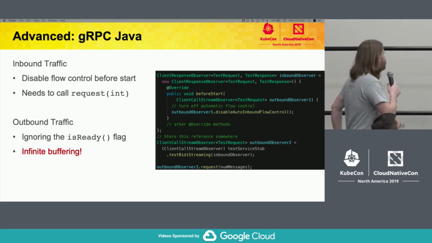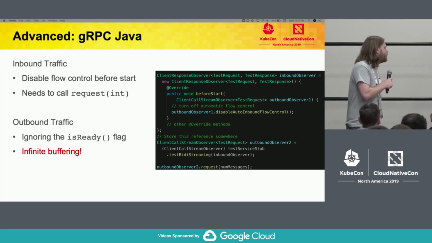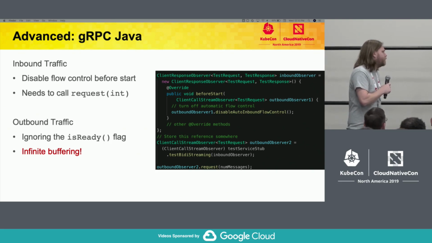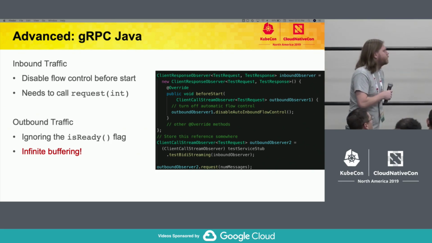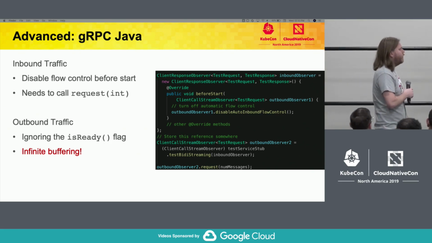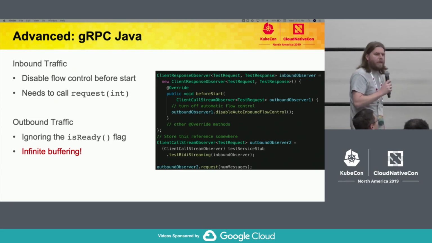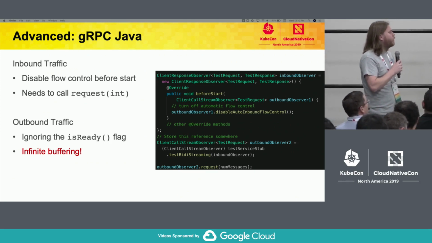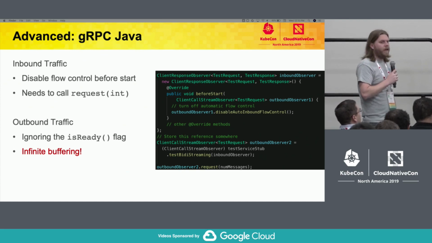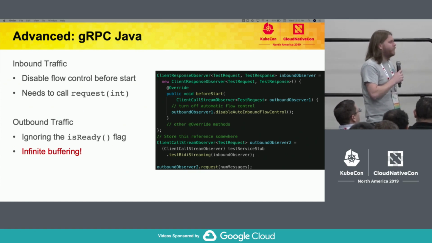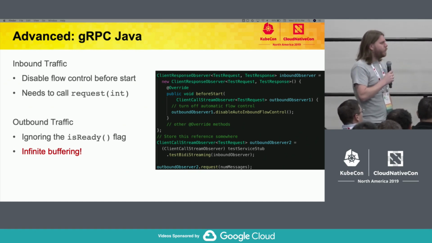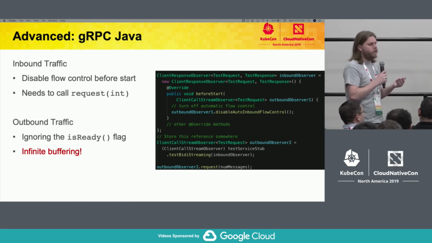What was the precise question? The question is, can you explain the infinite buffering for the outbound traffic on gRPC Java? Yes, so there we go. The API in Java is fully async. That means it's not going to block, and that means that there's only a couple different ways that you can interact with it in order to deal with flow control.